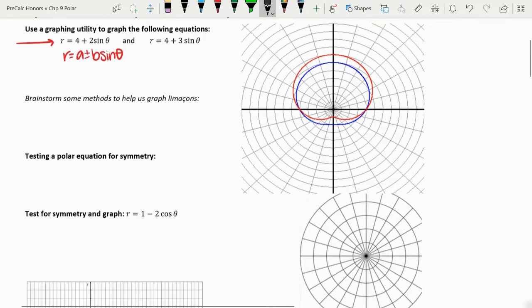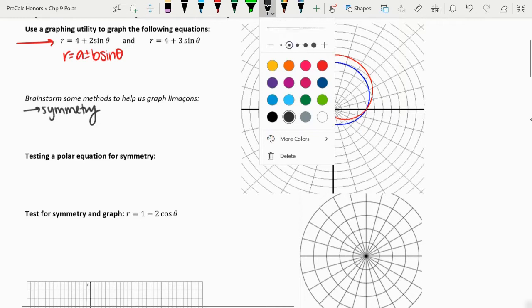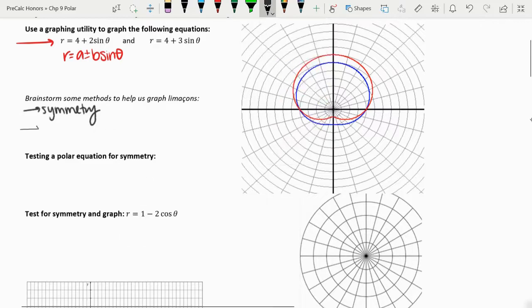So some things that we will use to help graph, one which we've already talked about is definitely symmetry. If you think about our sine and cosine, like especially the circles last time, we know kind of what sine and cosine values we'll have. I always like to sub in some values for theta, especially the quadrantal angles.